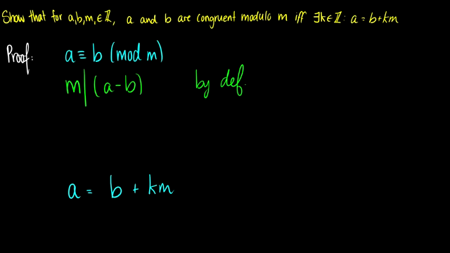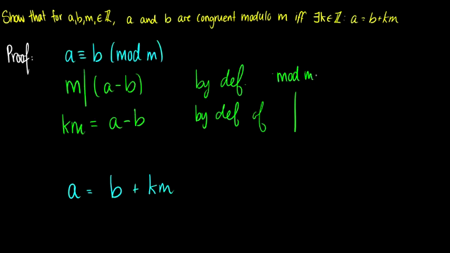This means that there exists some k such that k times m is equal to a minus b. Okay, so again, this is by the definition of division. And the first one is by definition of the congruent mod m operator.